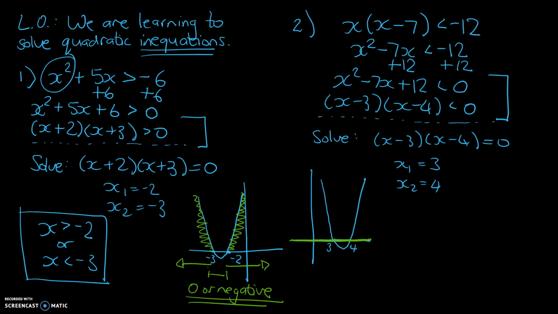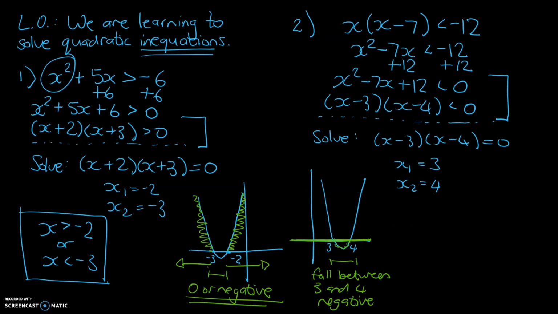And in our case, the numbers that fall between 3 and 4, they will have negative values or values less than 0. So we'll just highlight all those ones there.